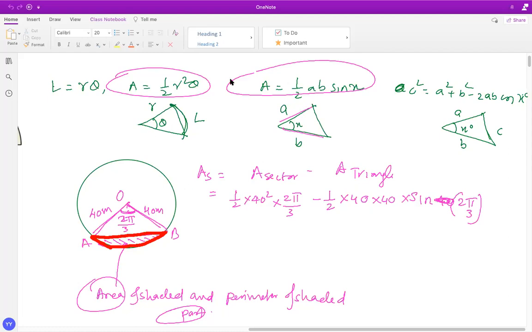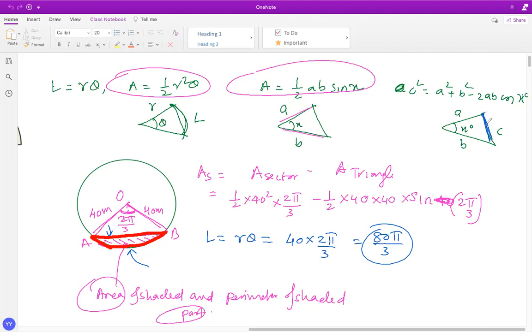First, this arc part is nothing but the length of the arc, which is r times theta, which is 40 times 2 pi by 3. So you can say this is 80 pi over 3. That's your answer for this part.